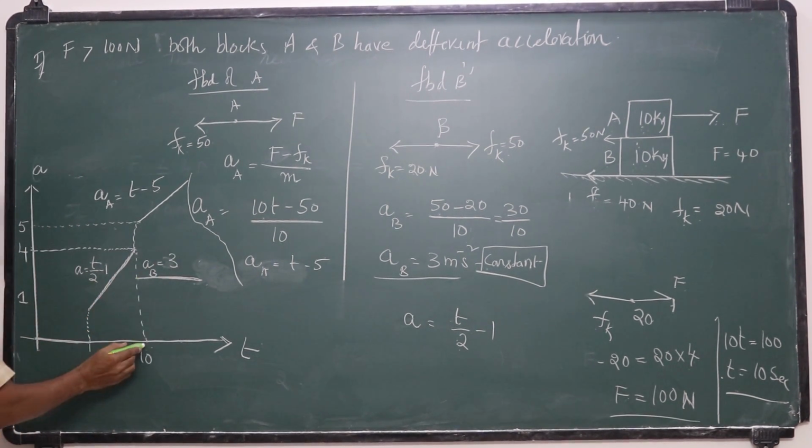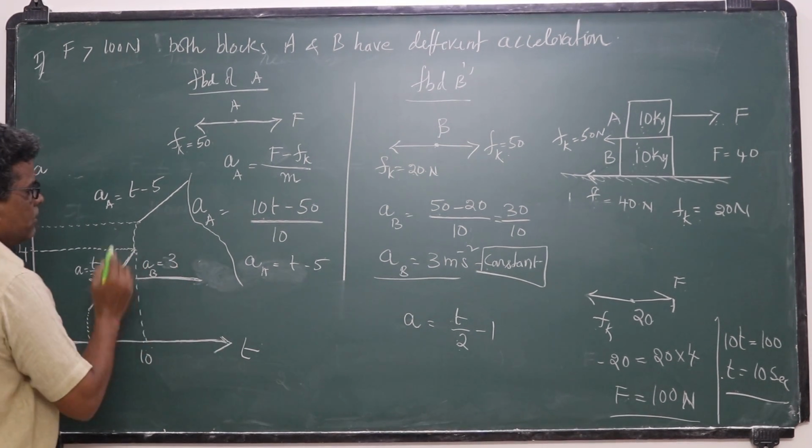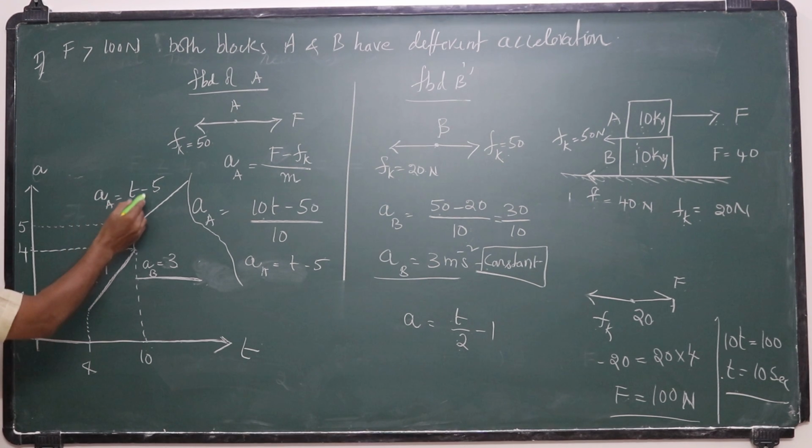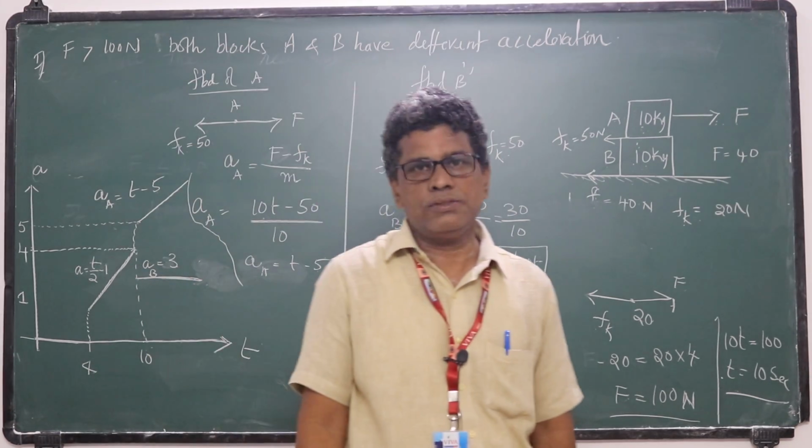So this is the graph. Further increasing the time, it won't change, but the acceleration of A goes on increasing. So this is the story of this block on block.